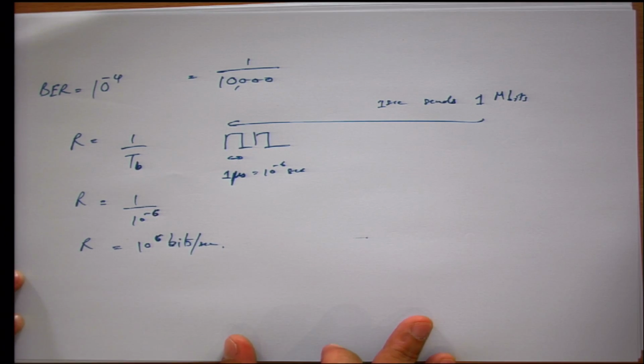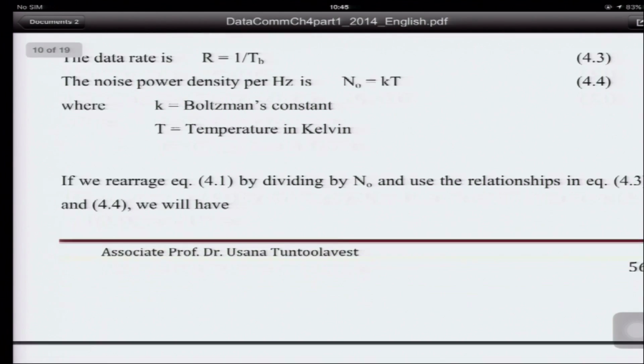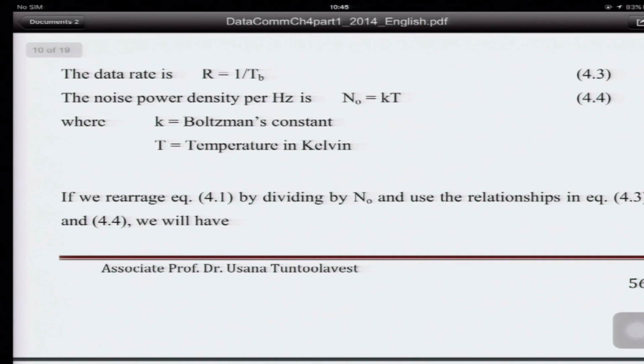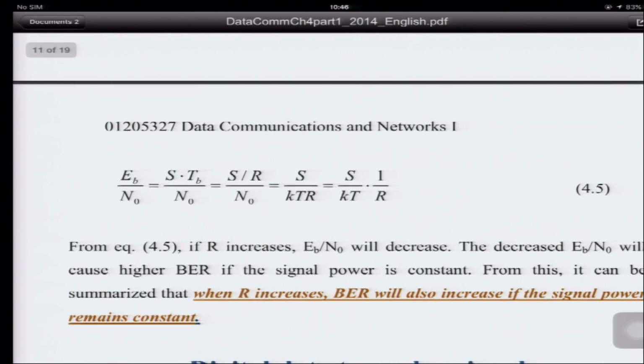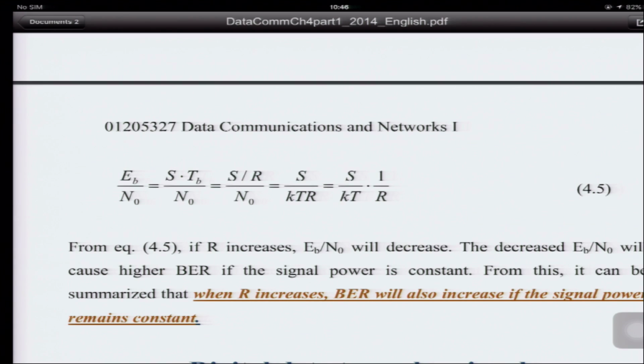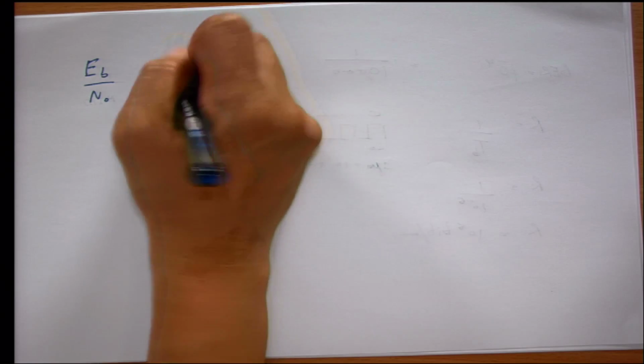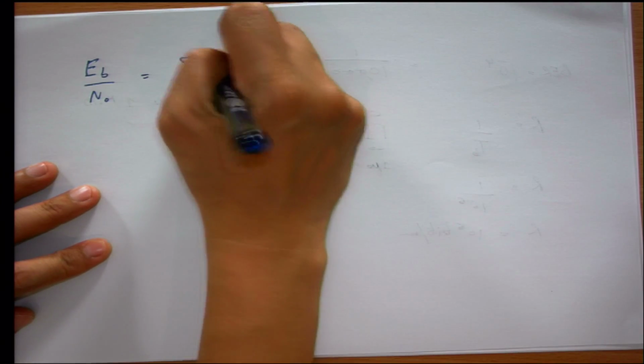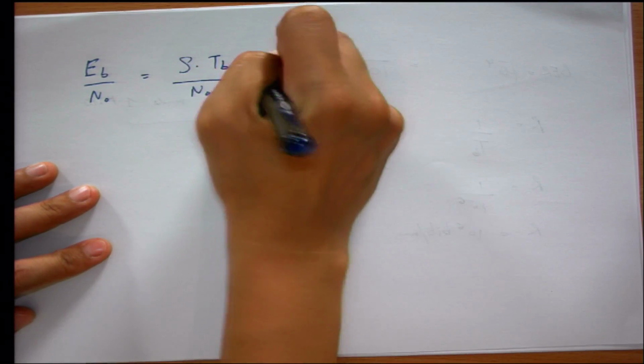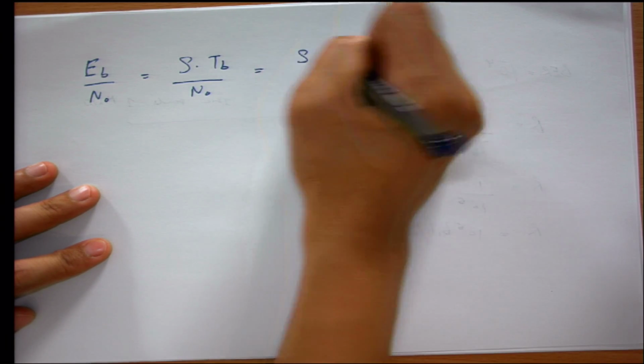Also, the noise power density per hertz is N0 equal to k times T, where k is the Boltzmann constant and T is the temperature in Kelvin. So if we calculate Eb over N0, Eb equals S multiplied by Tb, over N0.